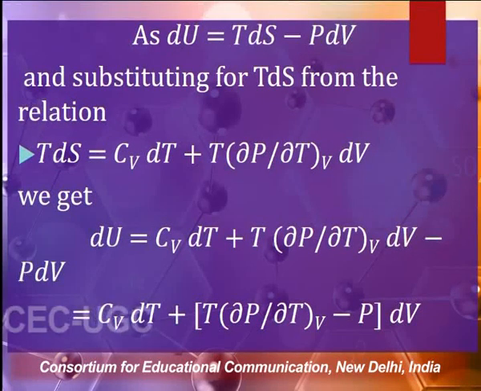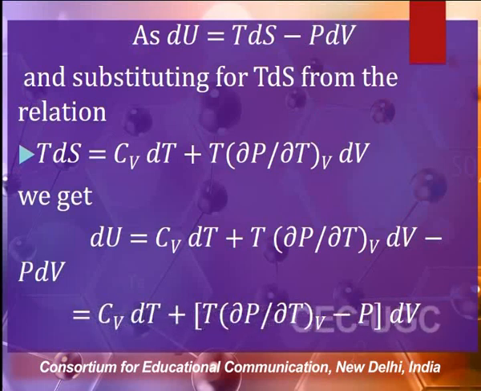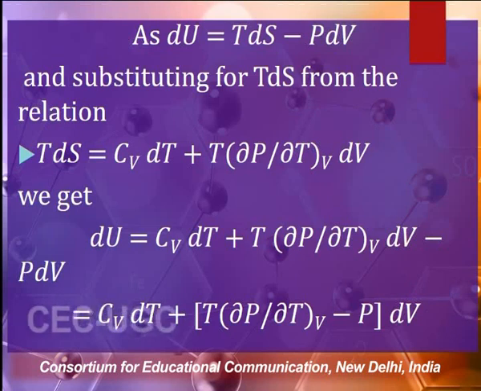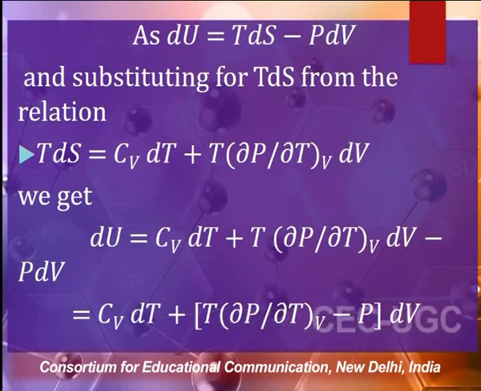Now from the first and second laws of thermodynamics, I have dU is equal to T dS minus P dV. Substituting for T dS from the relation, we get T dS is equal to CV dT plus T times ∂P/∂T at constant volume into dV. We then get dU is equal to CV dT plus T times ∂P/∂T at constant V dV minus P dV.